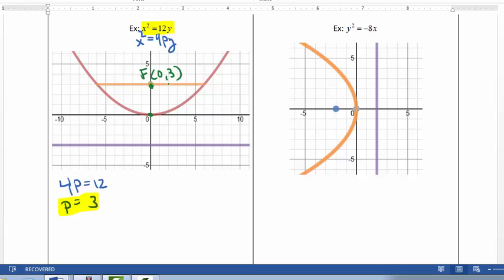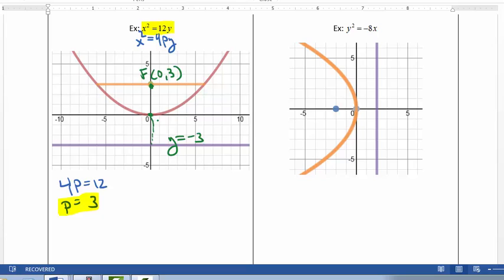It's always 0 comma p, and in this case p is 3. So 0, 3 would be my focus, and now my directrix is going to be just the line y equals negative p. So in this case, my directrix is the line y equals negative 3, right?